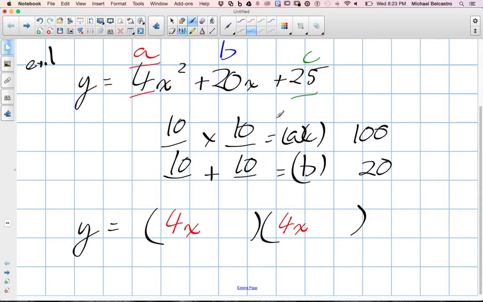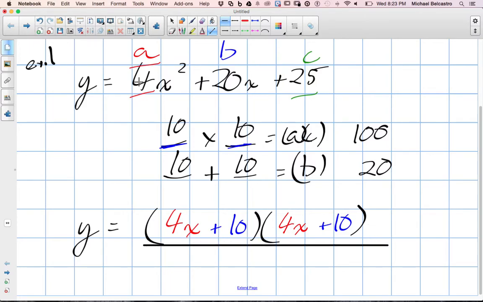The second term in each bracket is going to be the 10 and 10. A lot of times they're different values, but in this case, they both happen to be positive 10, so we write positive 10 in one and positive 10 in the other. And finally, in the setup, we divide everything by the very first coefficient, which is that 4 again.